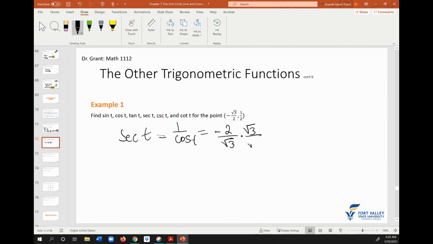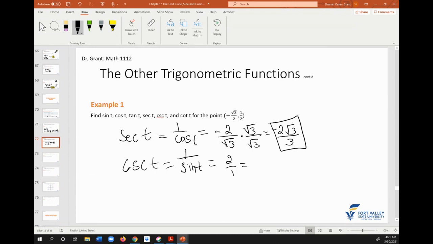So you just reciprocate cosine. Cosecant is the reciprocal of the sine function. And the sine function is 1/2, so this is going to be 2 over 1 or just 2.